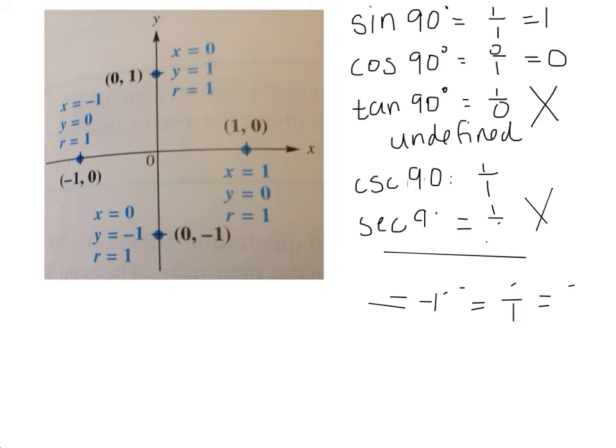We can do this for every one of these angles, but notice what's happening. We have 1s, 0s, and undefineds. So that's something that we should pay very close attention to when dealing with quadrantal angles. If you look on page 507, there's a very big table that tells you for the major quadrantal angles what the value of sine, cosine, tangent, cotangent, secant, and cosecant are for all of those angles, and you need to be familiar with them.